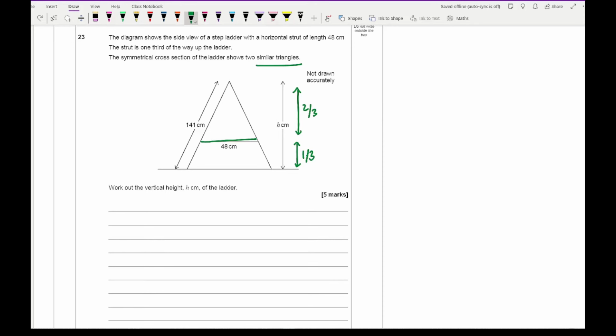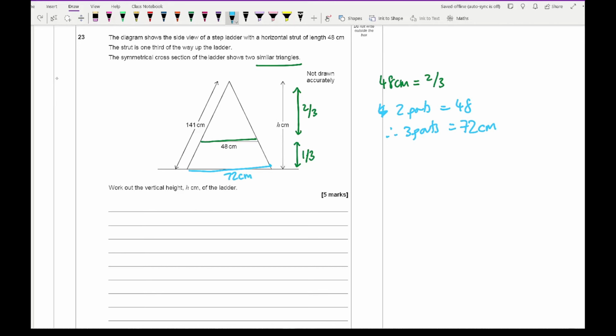So what we know is that 48 centimeters equals 2/3. So this length here must equal 2/3, so 2 parts equals 48. Then 3 parts is going to be 48 divided by 2 times 3, which gives me an answer of 72. This distance here is 72.